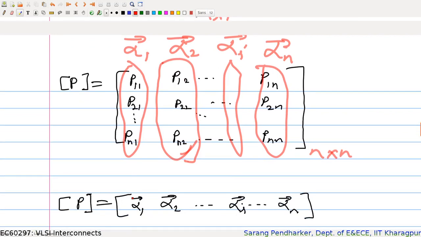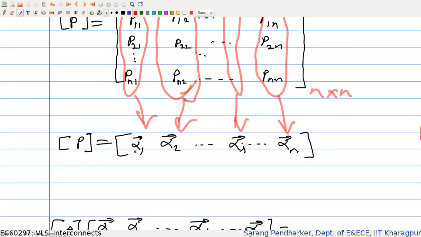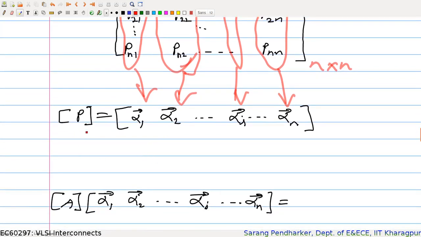So I can just stack all of these column vectors to form my matrix.